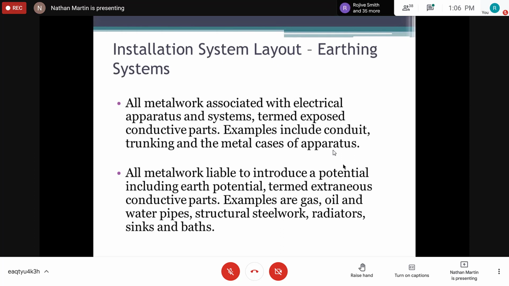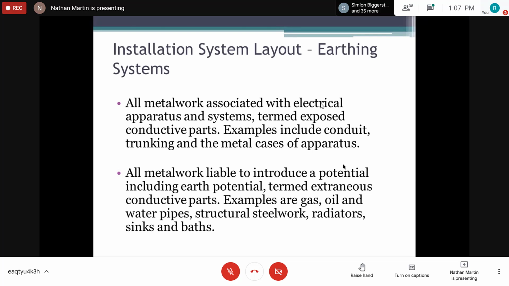Examples are gas, oil, and water pipes. So all of those non-electrical metal parts have to be bonded to earth. Now the process of bonding them is called equipotential bonding, right? Meaning that we are bringing them to one potential, which is earth potential, right?